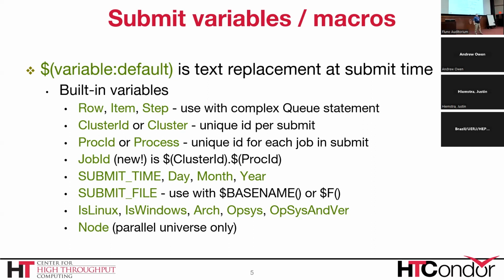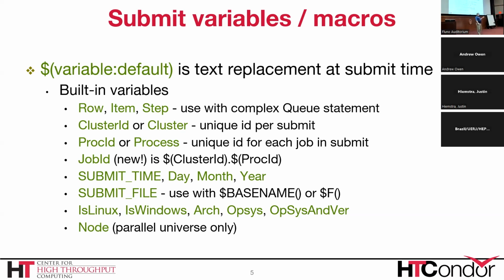Cluster is a unique identifier that identifies this particular submit. It is handed out to you from the AP at the point you request to submit the jobs. Process is one for every job in this submit file, and it goes from 0 and counts on. There's something we recently added just as a convenient feature.